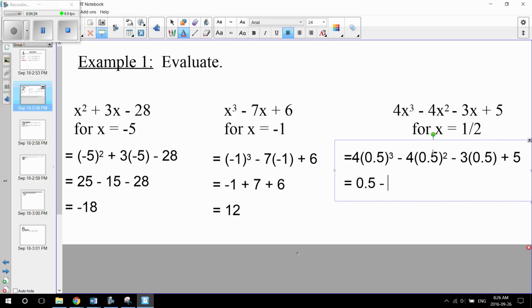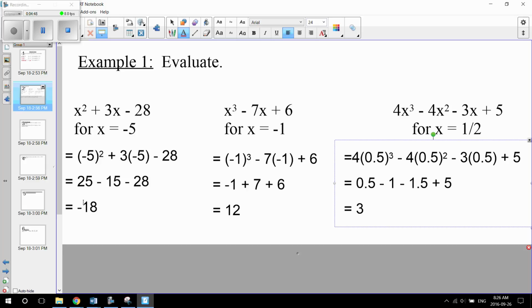Multiply that by 4, and we're left with 1, and it's a negative 1 because that was a negative 4. And then negative 3 times 0.5 gives us negative 1.5, and then plus 5 at the end. When we evaluate that out, we're left with 3.